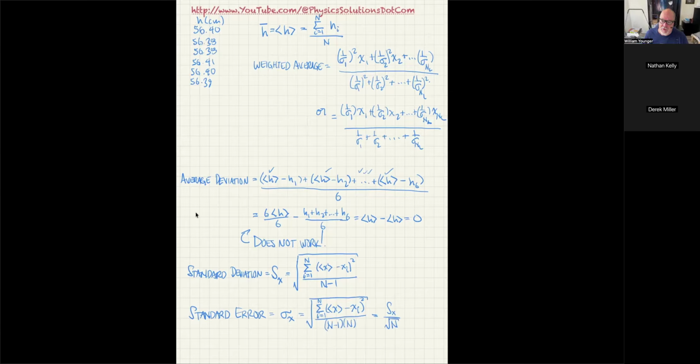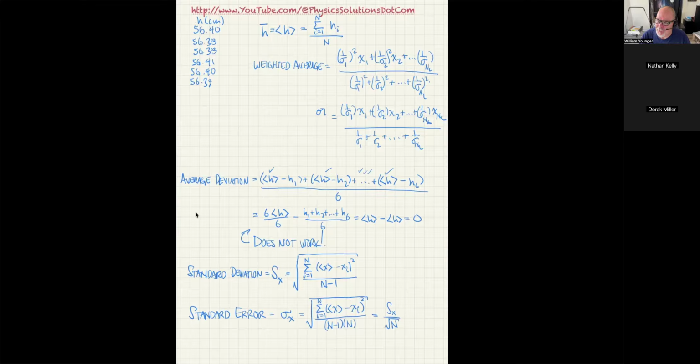So what we have to do to calculate what comes after the plus or minus after we do a series of measurements is calculate the standard error. We do that by first calculating the standard deviation and then dividing that standard deviation by the square root of the number of trials. When we do that, that's when we get the number that comes after the plus or minus, with one caveat.